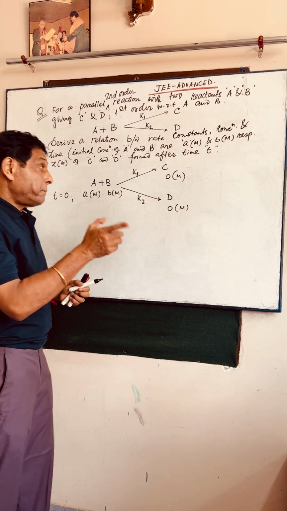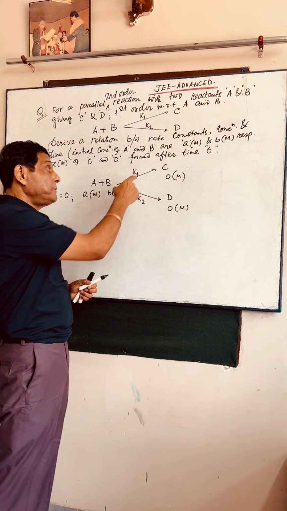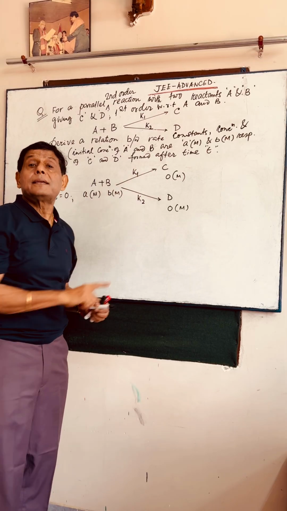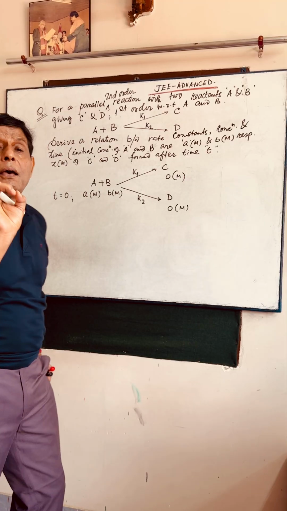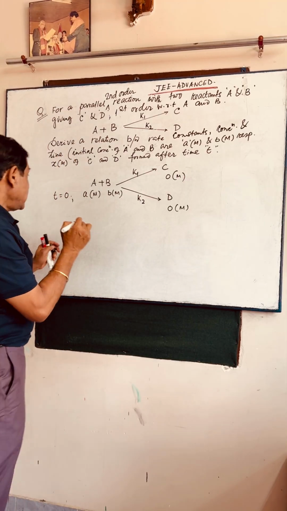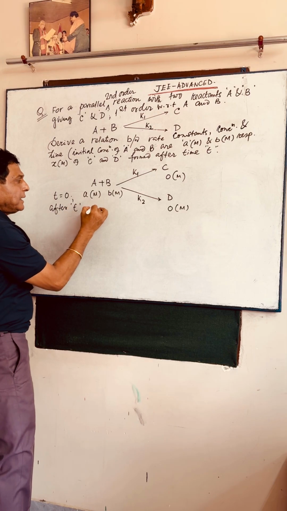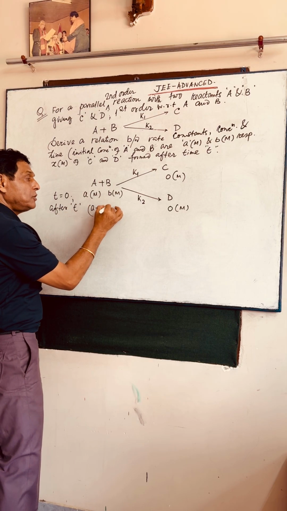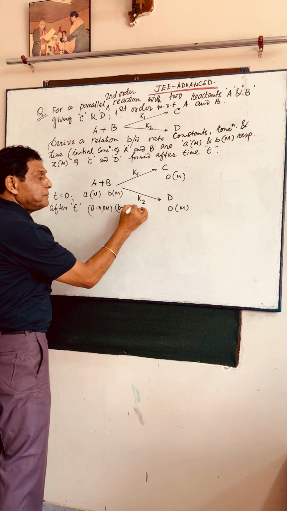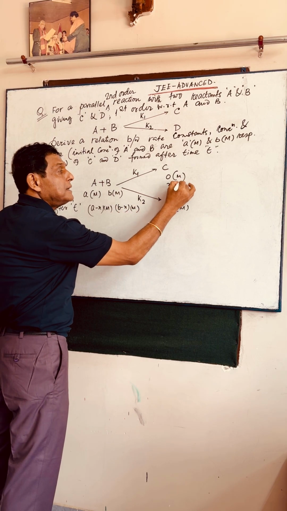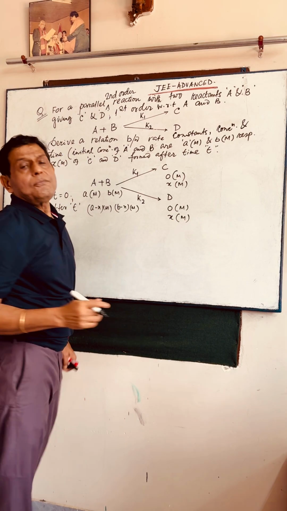Remember, the yield of C and D is not the same. Yield will depend on the values of K1 and K2. This is the main trick in parallel reactions. Now after time t, a minus X moles per liter will be remaining, and b minus X moles per liter of B will be remaining, and X moles per liter of C and X moles per liter of D formed.